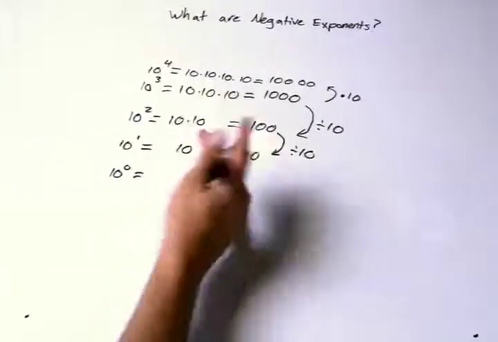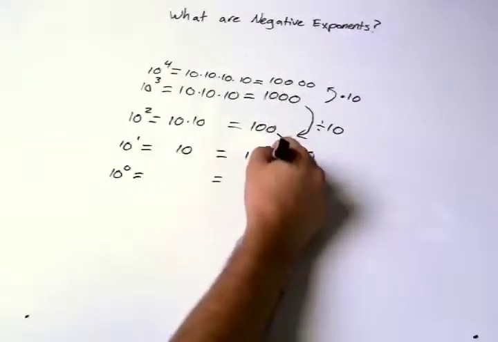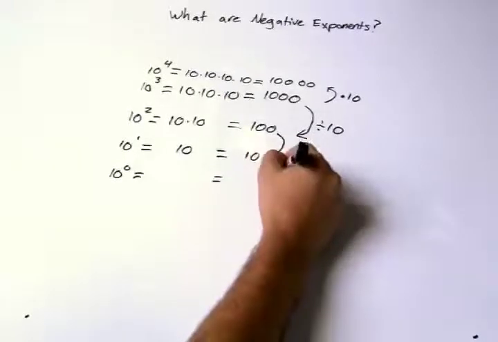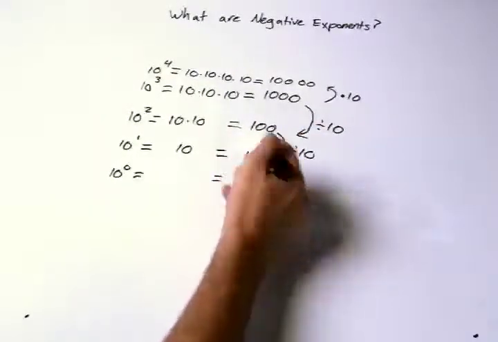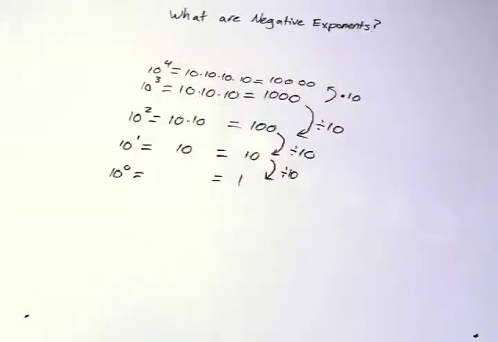I'm not sure what to put here, but if I follow the same pattern of dividing by 10 each time, then I could see 10 divided by 10 is simply 1. So 10 to the 0 power, or any number to the 0 power except for 0 itself, when you raise it to the 0, you get 1 that comes out.